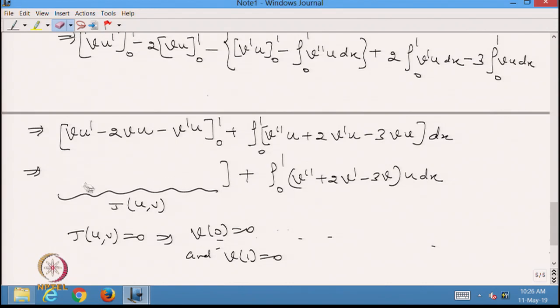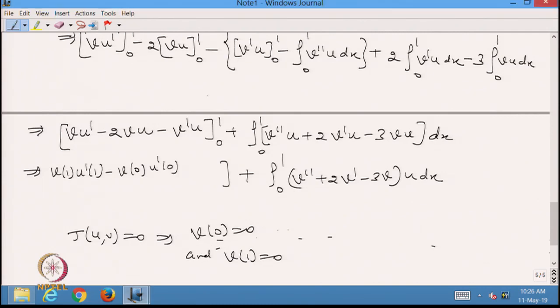So, I will just rewrite this part. From here I will write v1 u'1 minus v0 u'0. So, this is the first part.